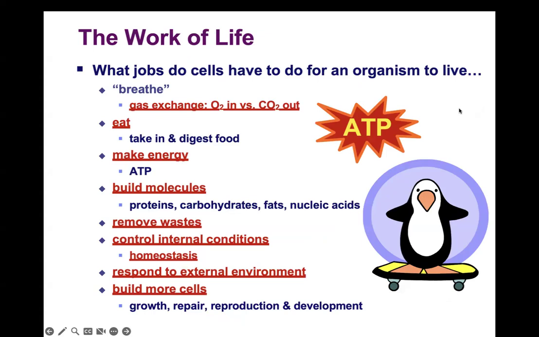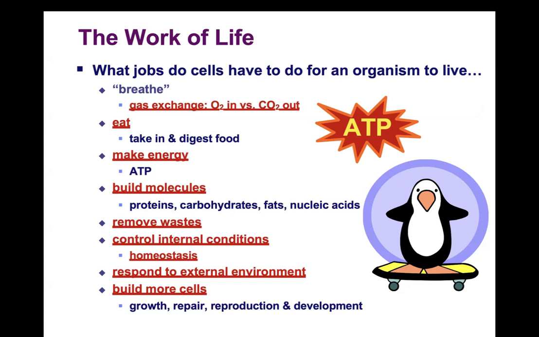Cells have many different jobs to keep organisms alive. They need to exchange gases. So, like in our bodies, they are responsible for taking in oxygen when we breathe in and removing CO2 when we breathe out. They need to be able to take in and digest nutrients.